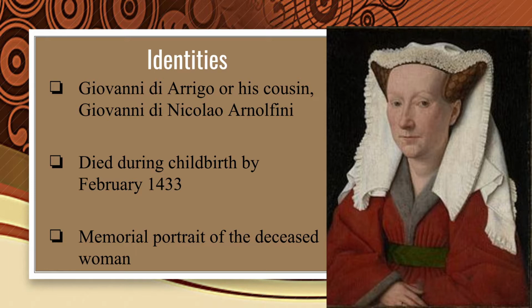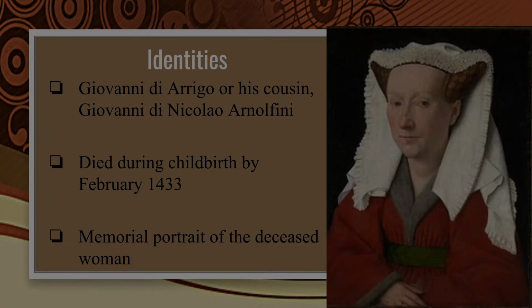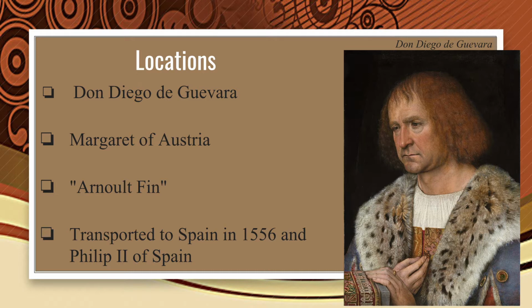Giovanni di Niccolò had already been a subject of a few of Van Eyck's paintings previously, and his wife had died during childbirth by February 1433, so the possibility wasn't unlikely, as that was 1 year before the painting was created, so it can be speculated to be a memorial portrait of the deceased woman, and it could explain the possible pregnancy.